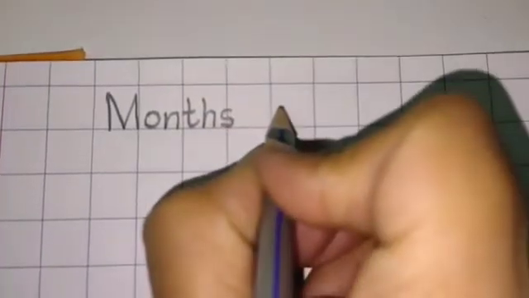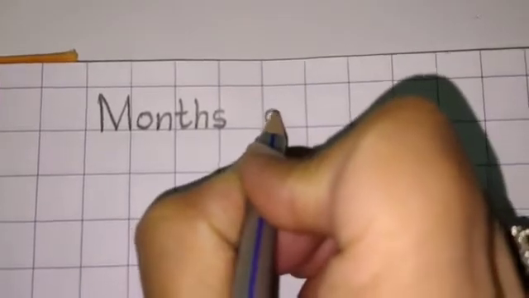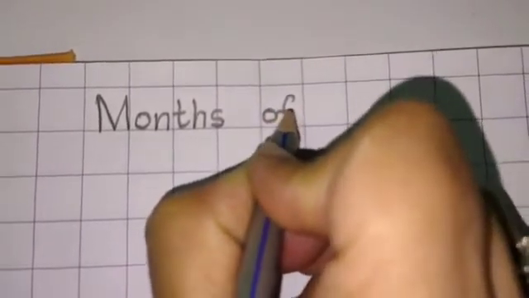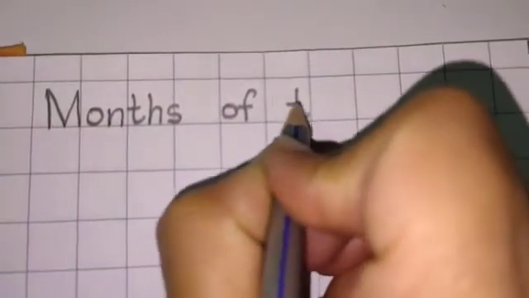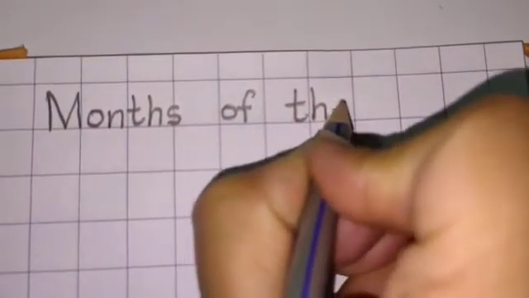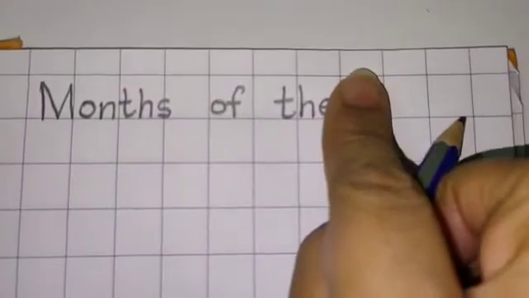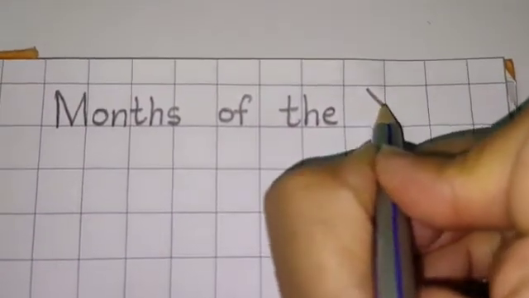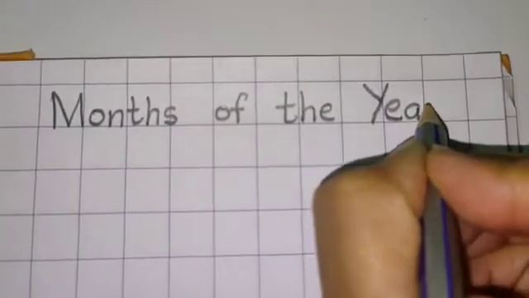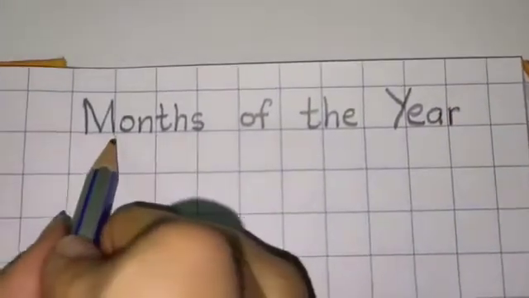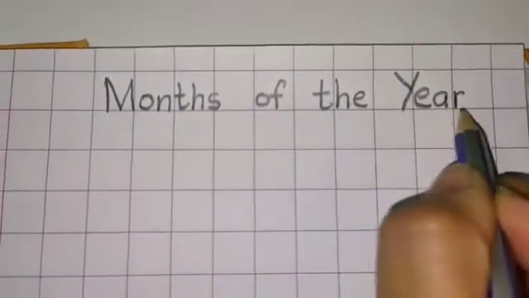Leaving 1 finger space, you will write O F, of. Leave again 1 finger space. T H E, the. Again 1 finger space. Capital Y E A R. This is a heading. Months of the year.